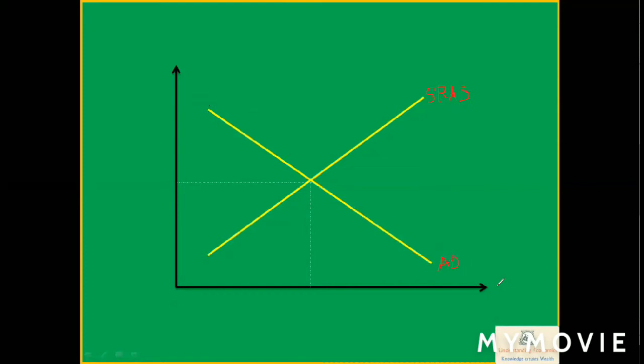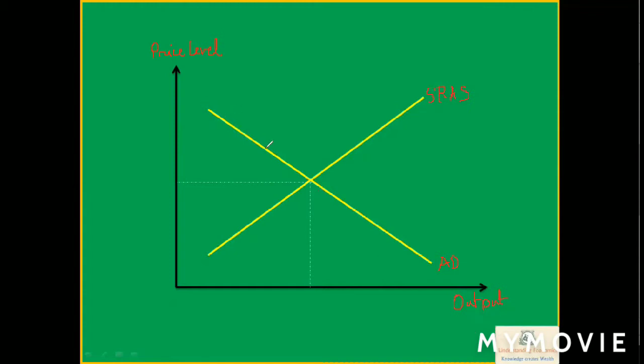And why is it so? Because on the horizontal axis we measure output, and on the vertical axis we measure the price level. As we know, if the price goes up, the output will be demanded less in the economy. So we can find a negative relationship between the price level and the output.